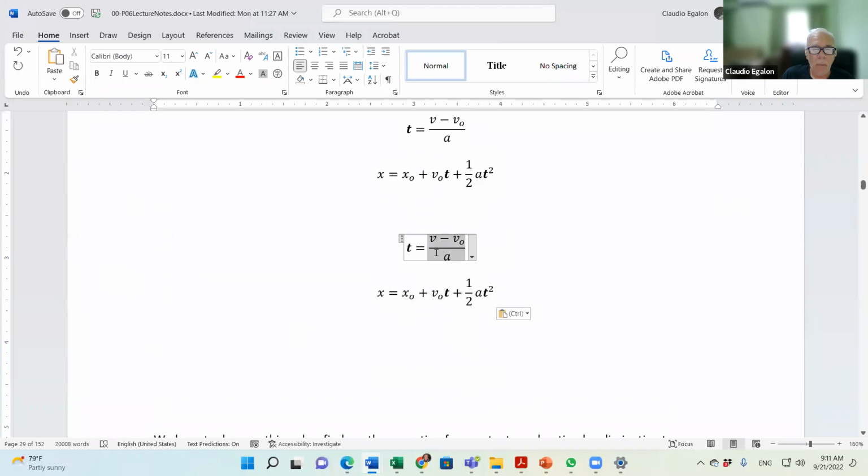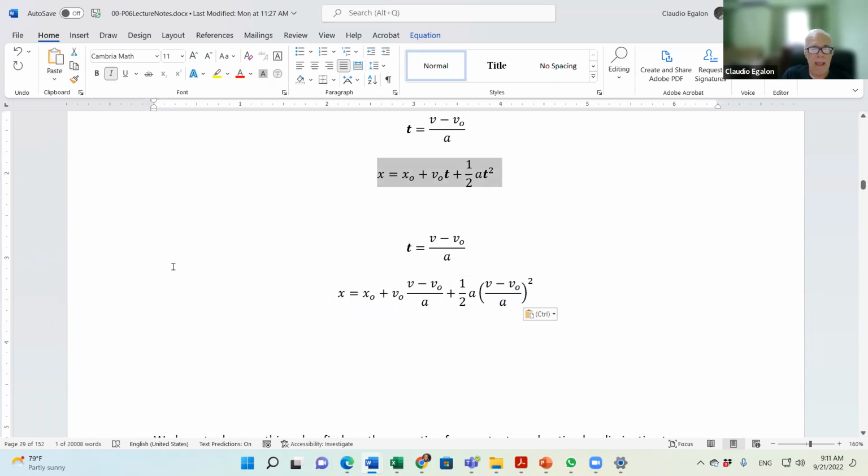Good. What you have right here is going to come right here. And similarly, we're going to place our new t in this term for the position in the equation.